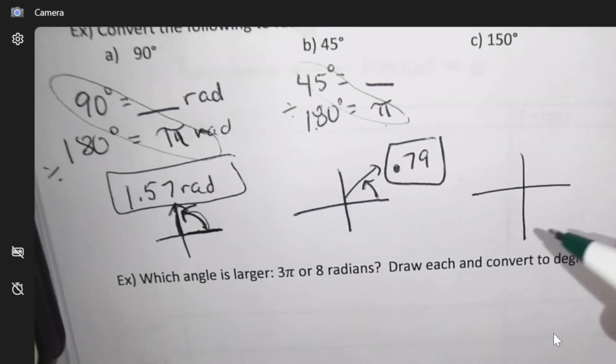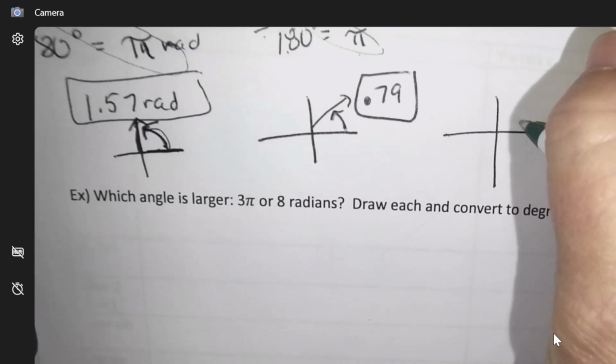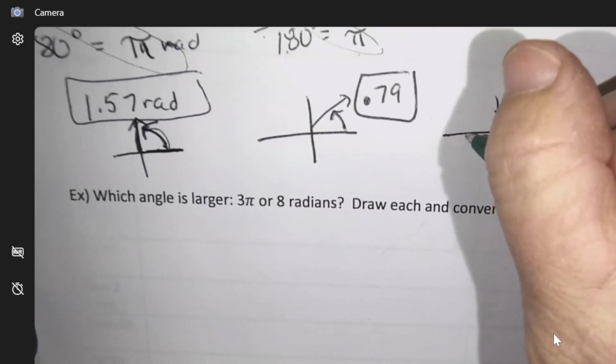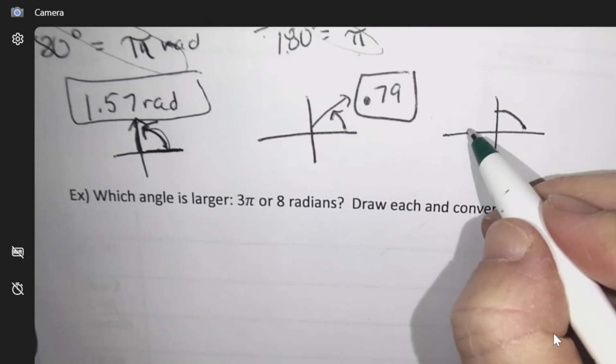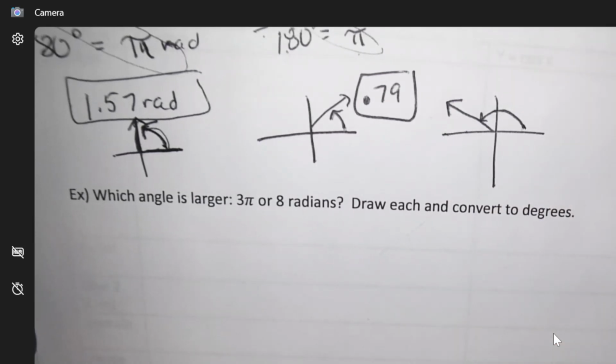Okay, 150 degrees. I'm going to draw this first. If I go to the top, that's worth 90. If I went completely flat across here, that's 180 degrees, right? So don't do that. Would that be 150 then?